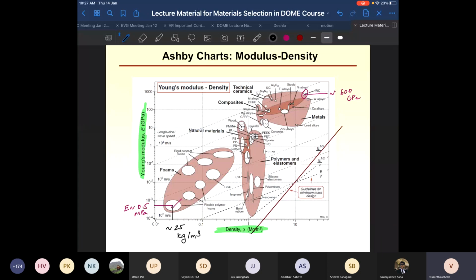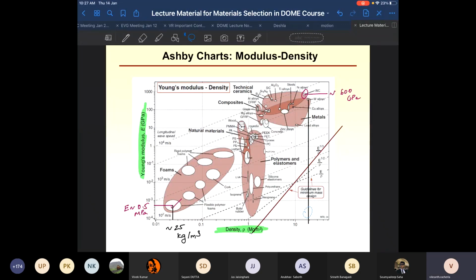What is the density of tungsten carbide? Actually, the highest value of density is not for tungsten carbide, it is for tungsten. So how much is it for tungsten?